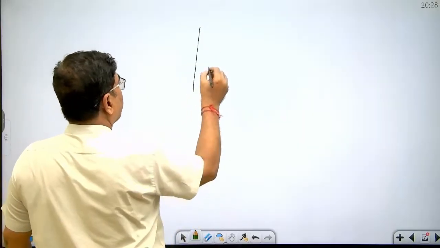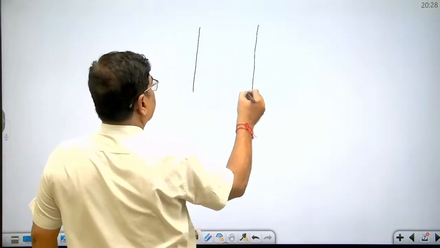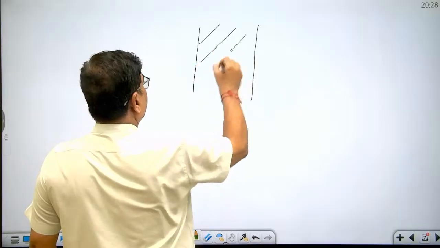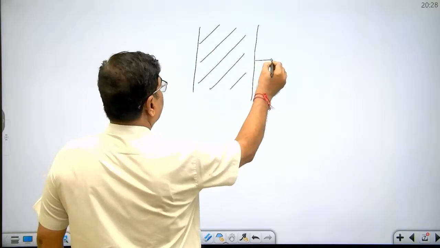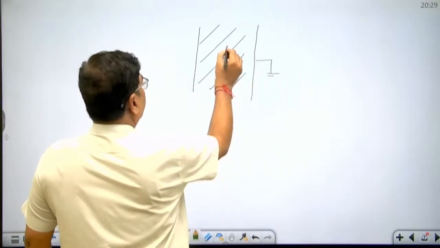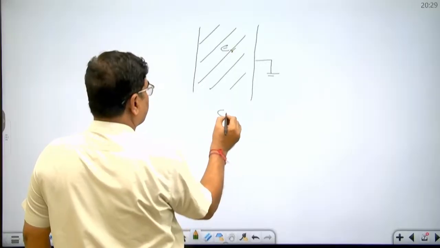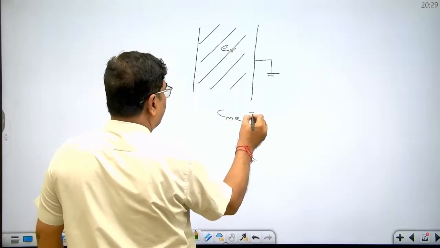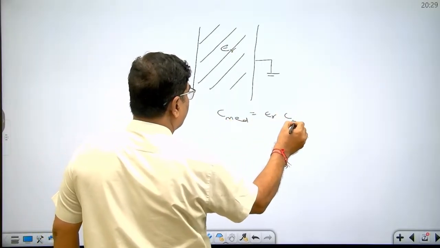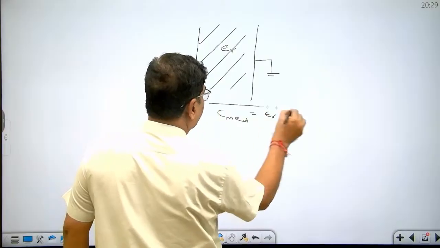A dielectric is an insulating medium. Suppose a dielectric material is filled between the plates of the capacitor, with dielectric constant epsilon r. Then C medium equals epsilon r into C air. This is the formula.